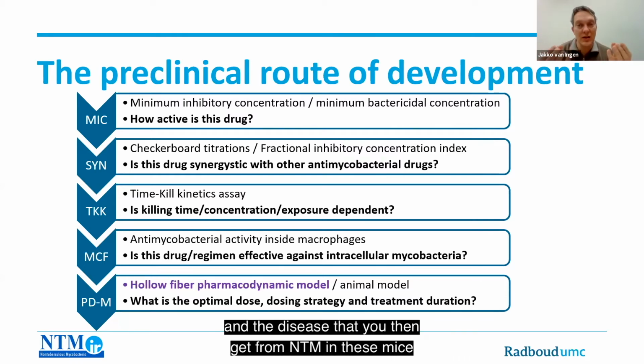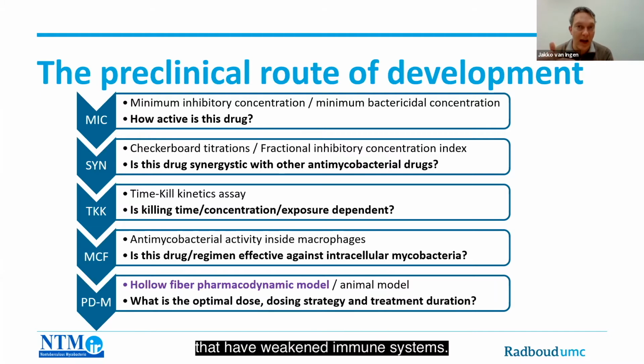And the disease that you then get from the NTM in these mice is more of the disseminated disease that you get in humans that are severely immunocompromised, that have weakened immune systems.